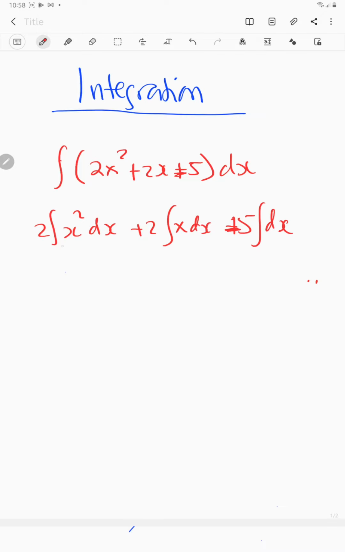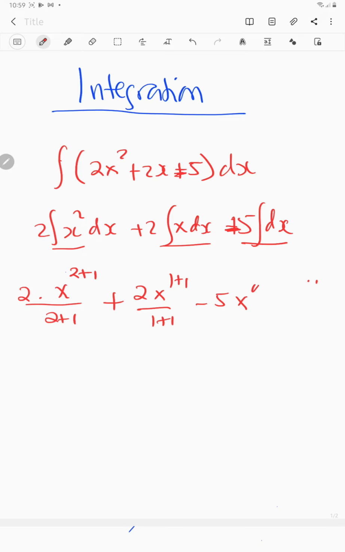In this case, you integrate each one, so it can be 2 multiplied by x to the power 2 plus 1 over 2 plus 1, plus 2x to the power 1 plus 1 over 1 plus 1, and then minus 5 x to the power 0 plus 1 over 0 plus 1, and then you put a constant, taking into consideration the arbitrary value that vanished.